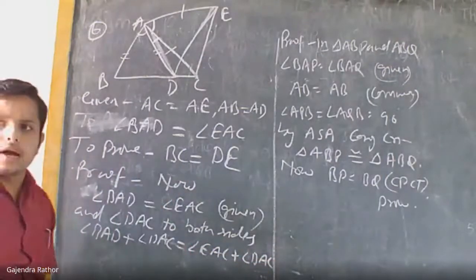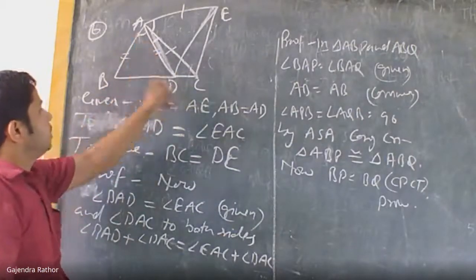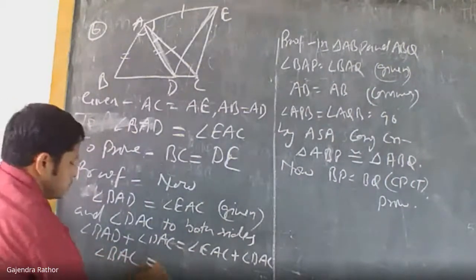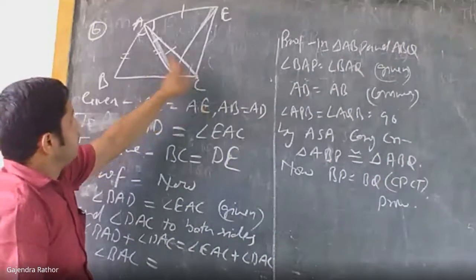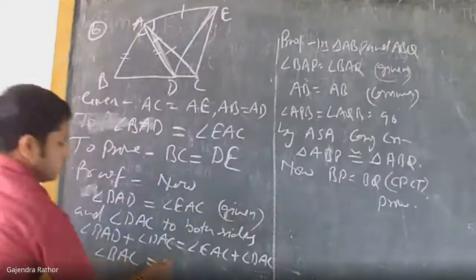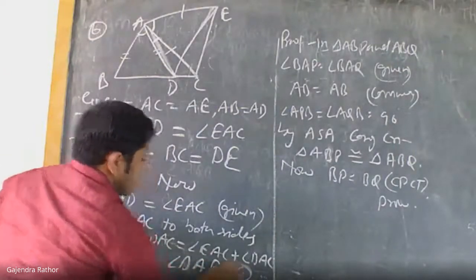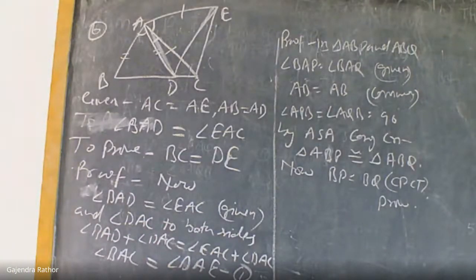So what will be the new angle? BAD plus DAC becomes angle BAC. And EAC plus DAC becomes DAE. So angle BAC is equal to DAE. Equation number 1.